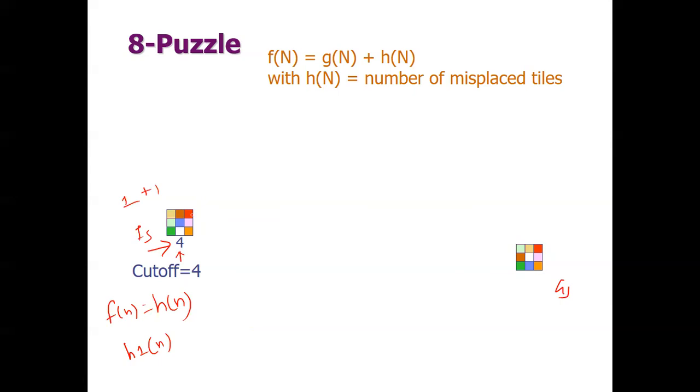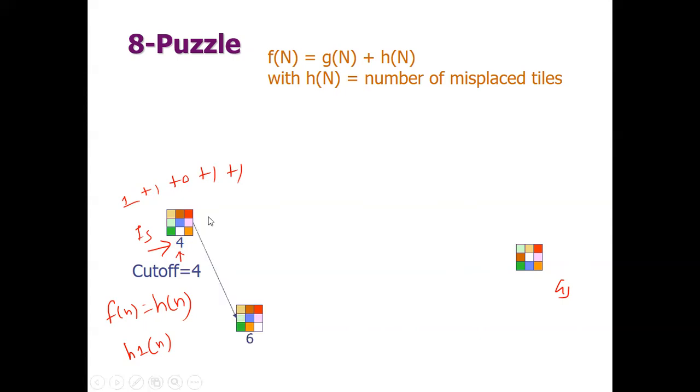Yes. Is this red misplaced? No. Is this light green misplaced? Yes. Blue? Yes. Is this rose misplaced? No. Orange? No. Green? No. This is an empty location. So how many tiles were misplaced? 4. That is how we got this 4.